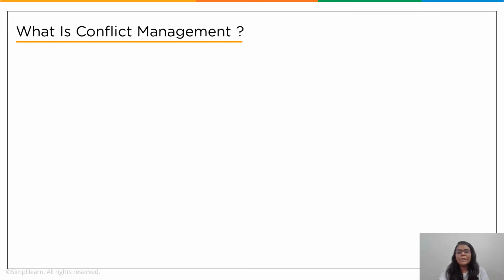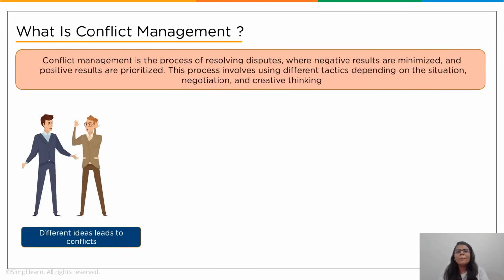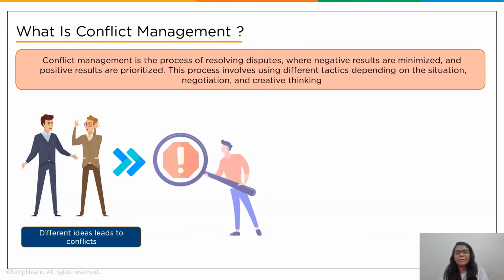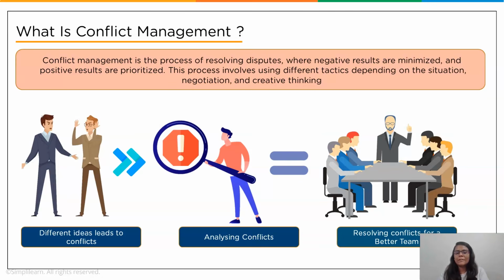So conflict management is the process of resolving disputes where negative results are minimized and positive results are prioritized to resolve conflicts in a better way. This process involves using different tactics depending on the situation, like negotiations and creative thinking. So, whenever two individuals differ in ideas, opinions, interests, etc., there arises a conflict.